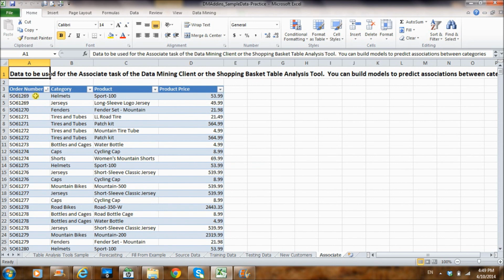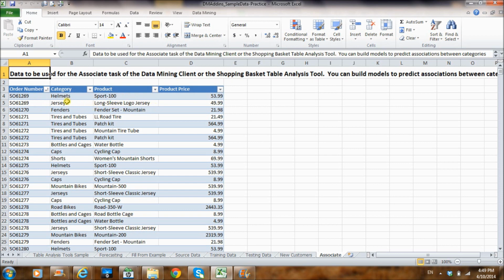If you look at this, 61269, 61269, this is the same order. The same order can have many products. So over here, this order SO 61269 has two products, Sport 100 and Long Sleeve Logo Jersey.